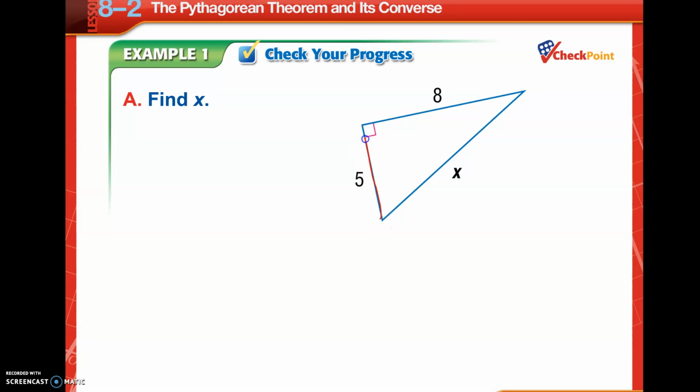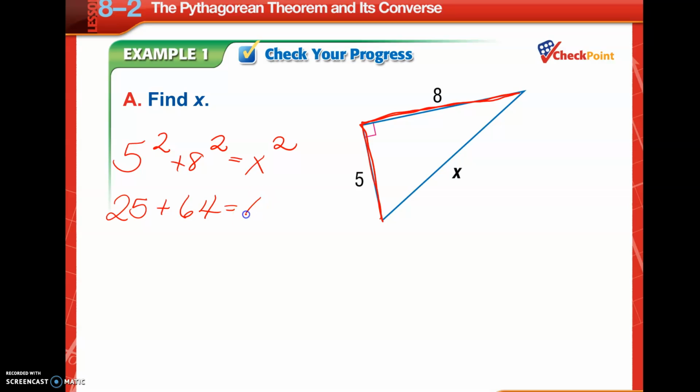But the key is that you know which ones are the legs. Legs make up the right angle, so what's on both sides of the right angle are my legs. So 5 squared plus 8 squared will equal the hypotenuse squared, which is x squared. Once you have it set up, you want to square first before you add. So 25 plus 64 equals x squared, so 89 equals x squared.